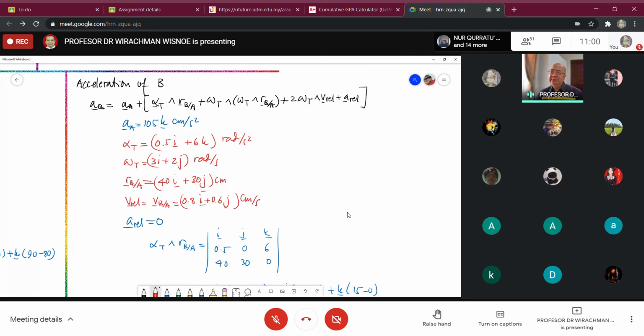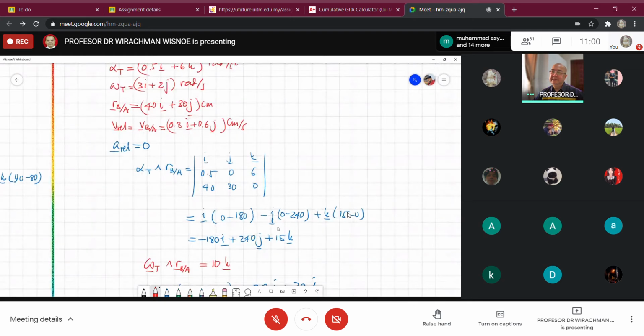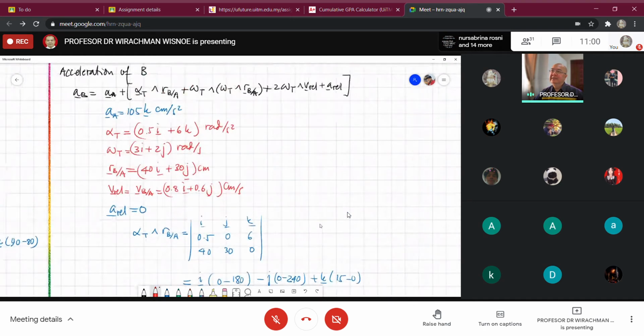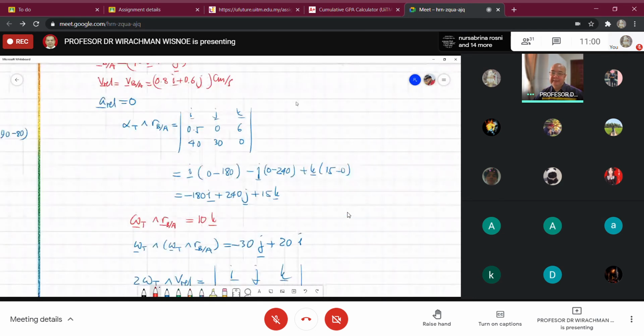So after you put everything, try to calculate each of these components. The ones that you need to be careful with: alpha T cross RBA, I do. And then omega T cross RBA, I do. And then omega T cross RBA, separately.